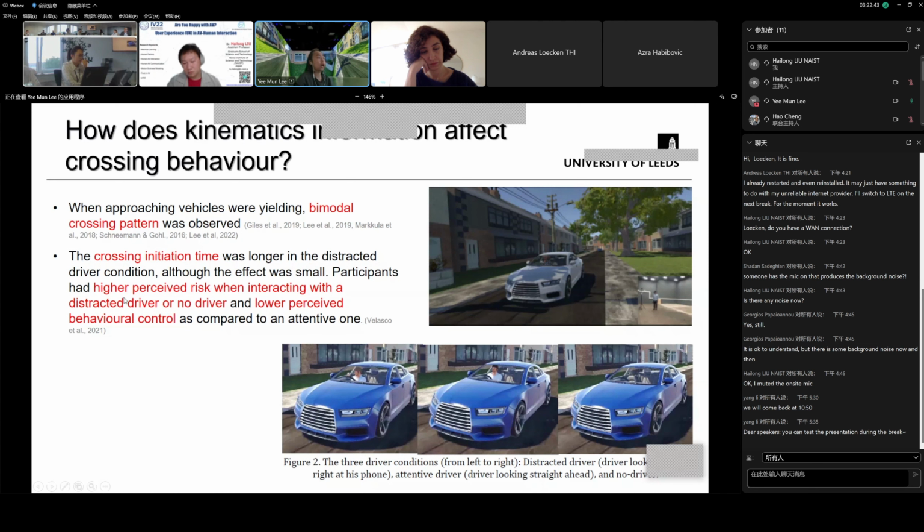Participants also had a higher perceived risk when interacting with a distracted driver or no driver condition, and a lower perceived behavioral control. So it seems like how the driver appears does affect people's crossing experience, as well as how long it takes them to cross the road. There is a bit of hesitation going on as compared to when they're interacting with an attentive driver.